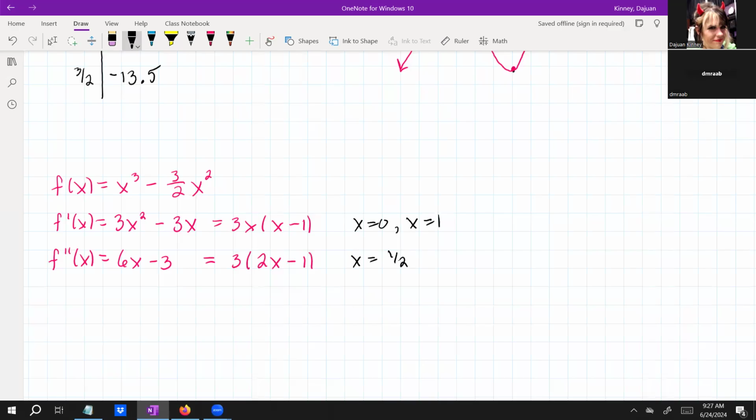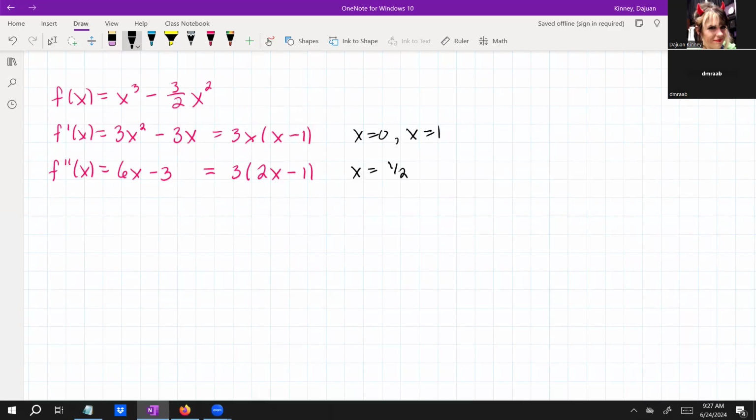And we can number line it. I can pick some values. I'll pick -1, 1/2, and 2. We can use the number line for our second derivative. It's not going to bother anything.